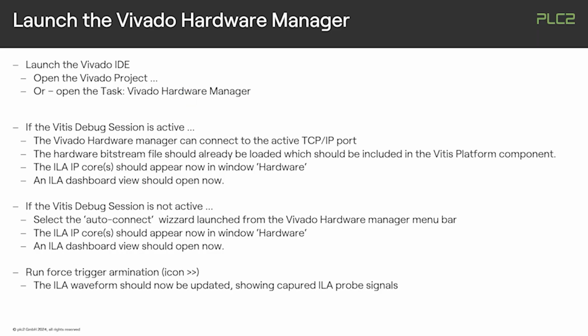So the nice thing is it's not a necessity that we start one or the other in this specific sequence order. So it should find the connectivity even also if the hardware manager port is already open.